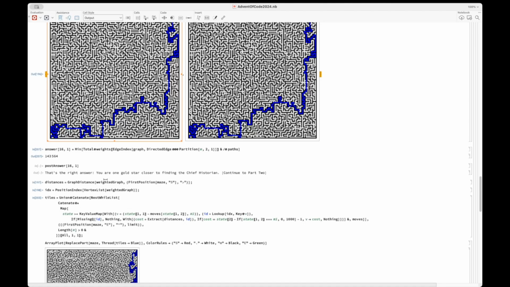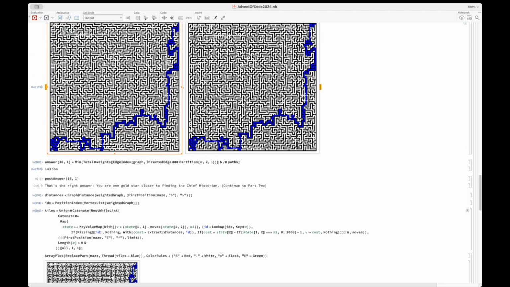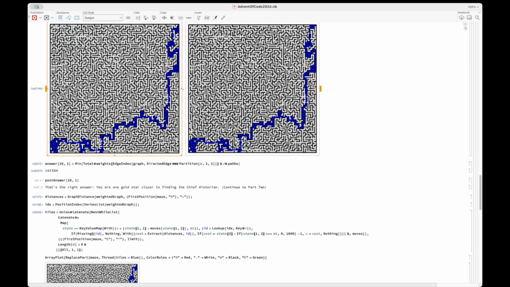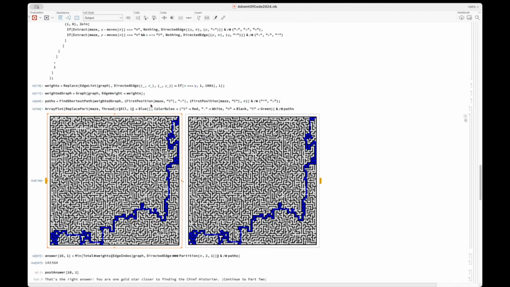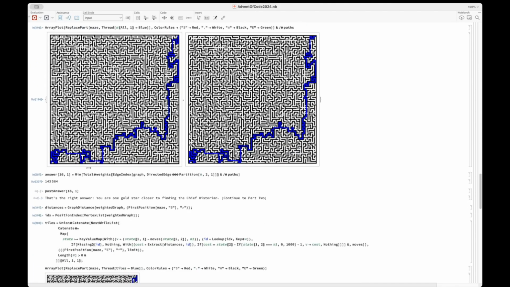And for the second part, you basically do the same kind of thing. Except you're not just looking for a single shortest path, because that's what a shortest-path algorithm produces: a single path from start to end. But you need all the possible shortest paths.